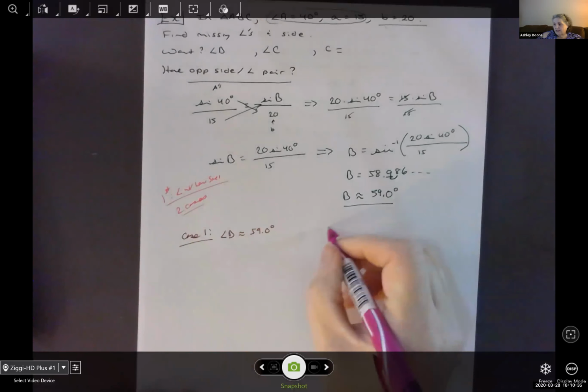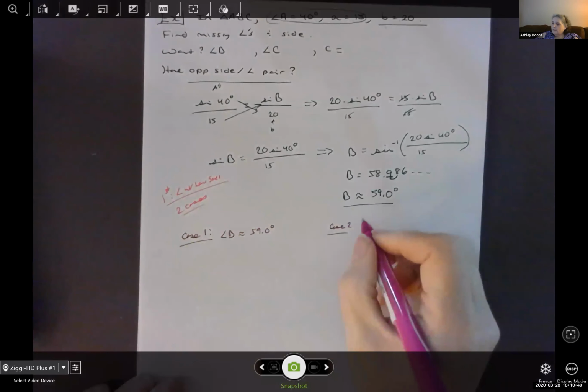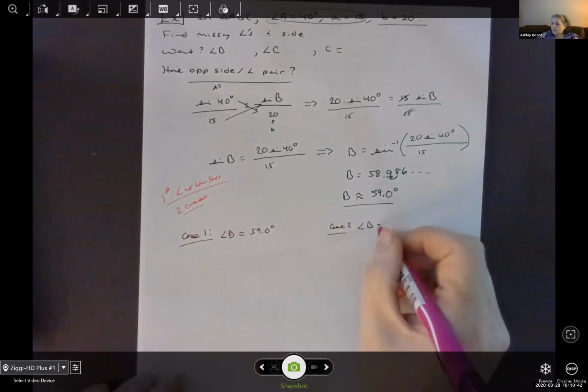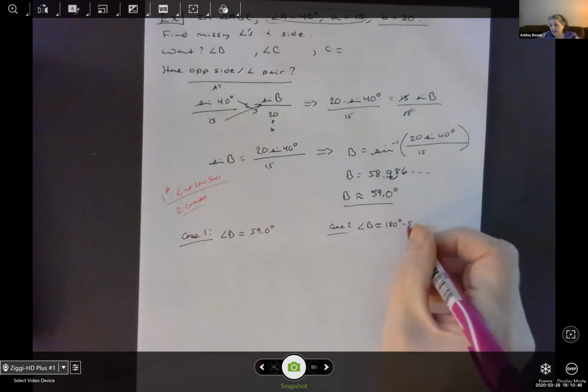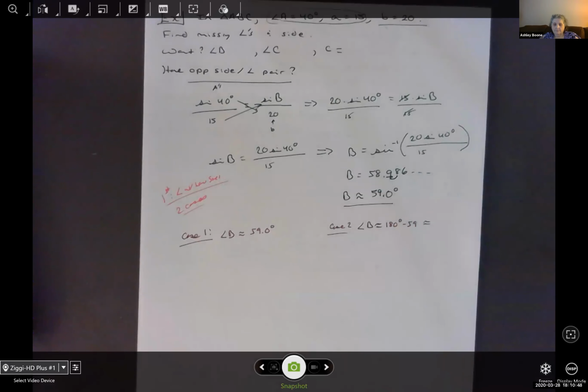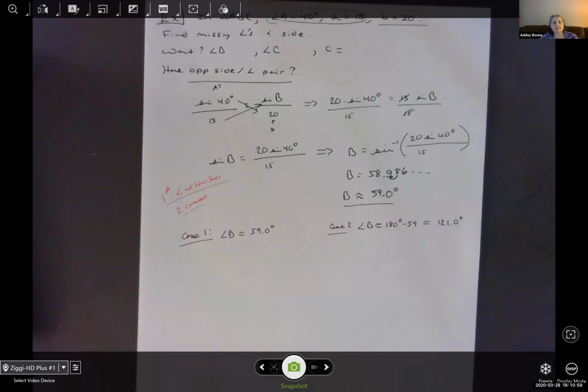That means for case 2, angle B is going to be approximately the supplement of that, 180 minus 59, which is 121.0 degrees.